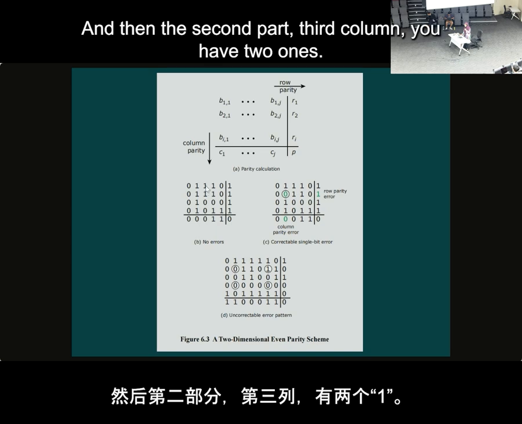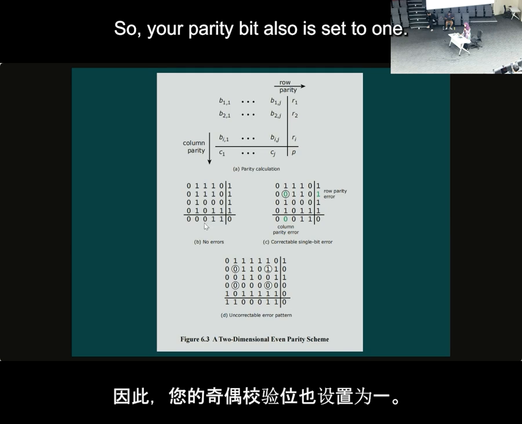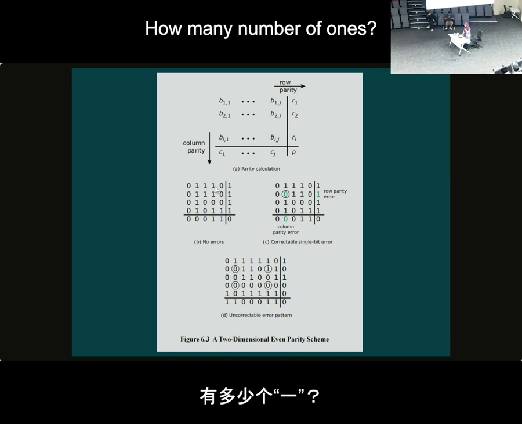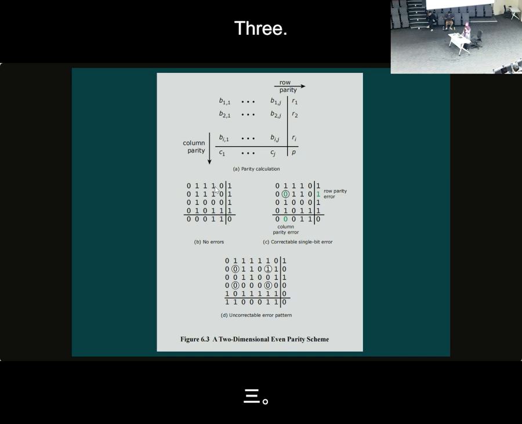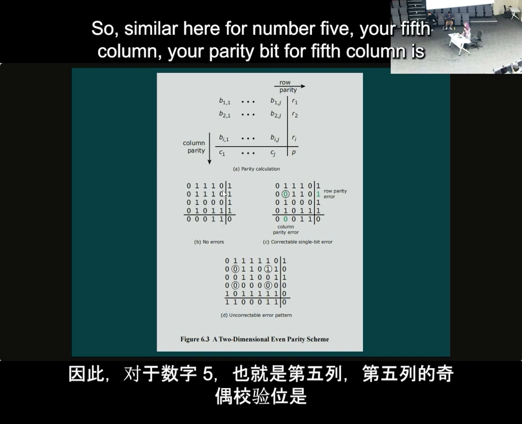Third column, you have 2 ones, so your parity bit is also set to 1. Fourth column, how many ones? 3, hence your column parity for this will be set to 1. Similarly for the fifth column, your parity bit will be set to 1.